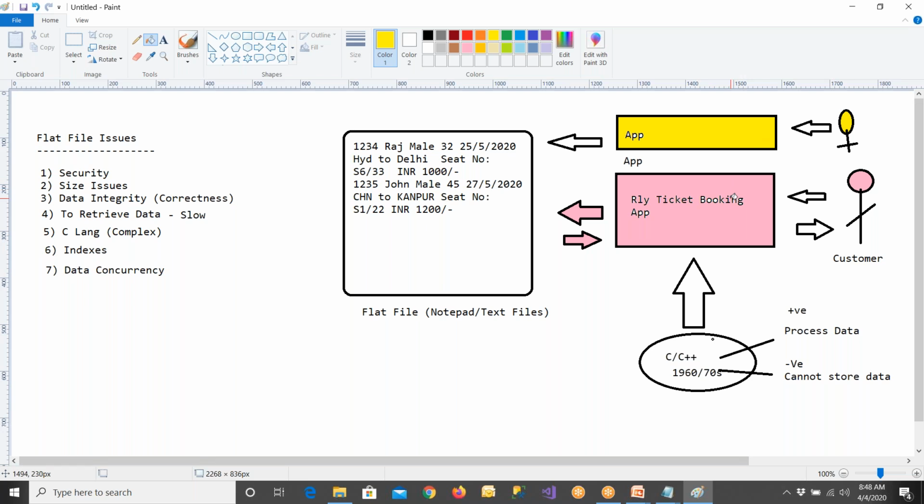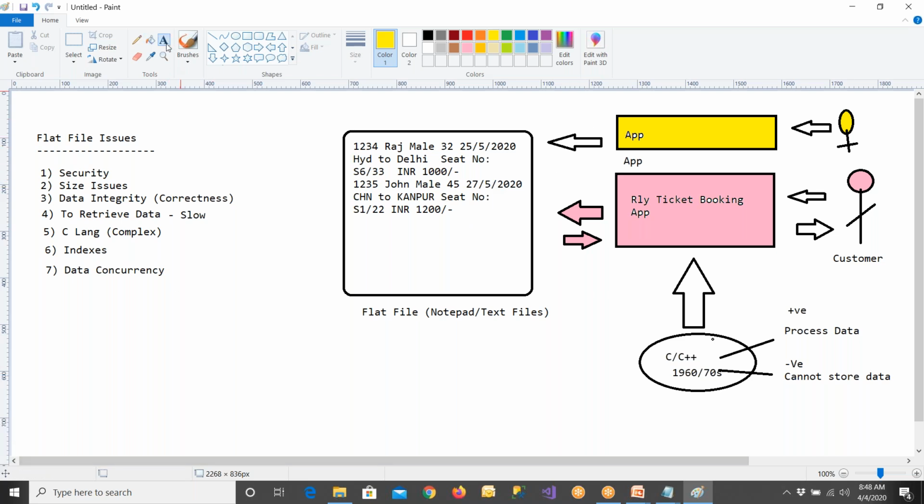There is no issue at all now. But at that time, if one guy is booking at 10 o'clock, the other guy cannot, and the same data and the same file cannot be opened. If you open the file in read and write mode, other people can open it only in read-only mode, so they cannot write any data here. So that is the big issue.